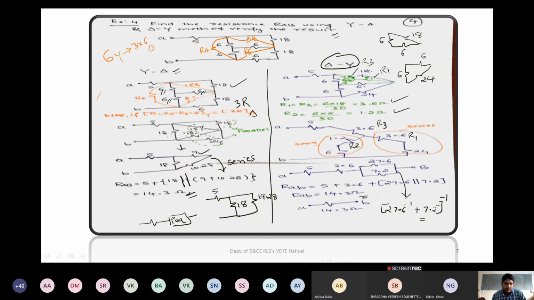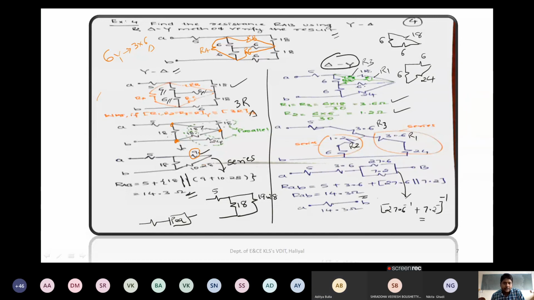Is it clear now to you? Okay, so now 18 and 18 will be parallel, right? So just look into this point and this point. Only two resistors are connected, so they will be in parallel. So 18 and 18, if you take parallel, what you will get is equivalently 9 ohms. So similarly 18 and 24, these two are in parallel, so that will be 10.28.